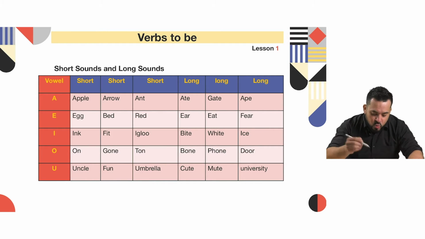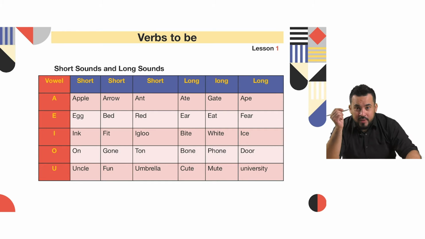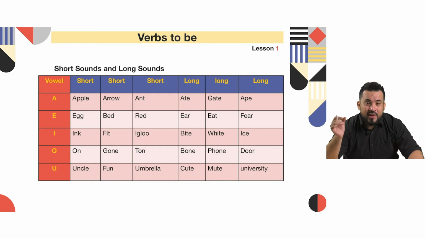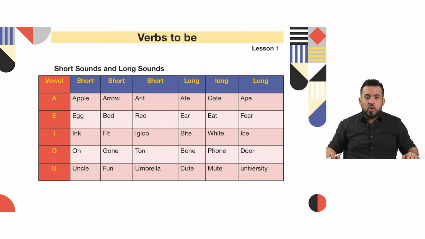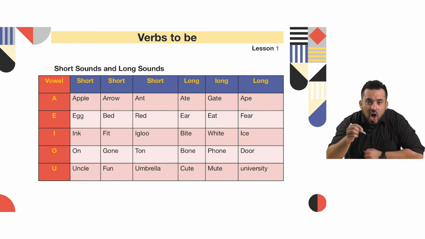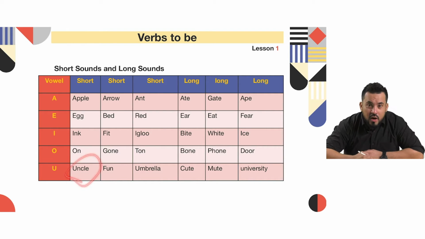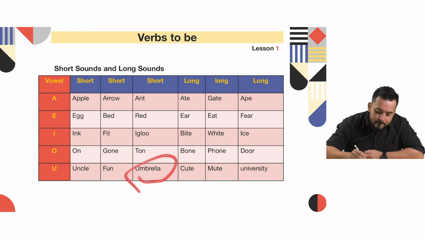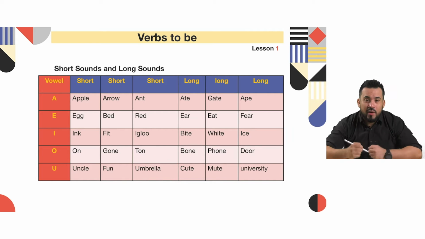All right, last one is the letter U. Okay, the letter U is a little bit tricky. The short sound for the letter U is uh, and the long sound is yoo. Okay, uncle, fun, umbrella.